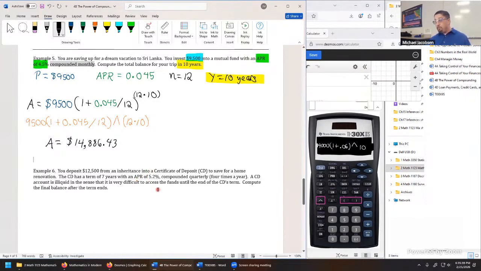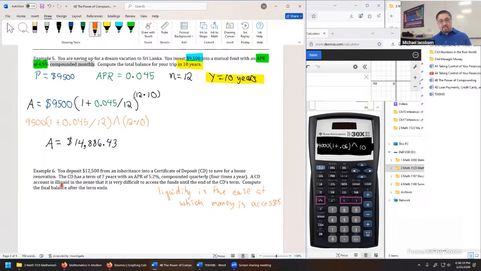We need to compute the final balance after the term ends. But this is a kind of a weird word. Let's pause right here for just a moment. When we say illiquid, what we mean is liquidity is the ease at which money is accessed.